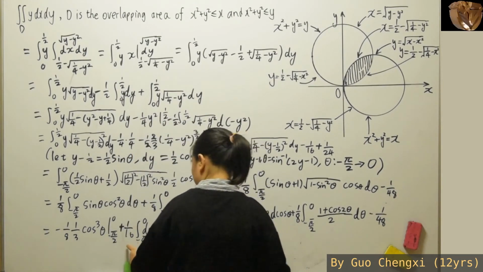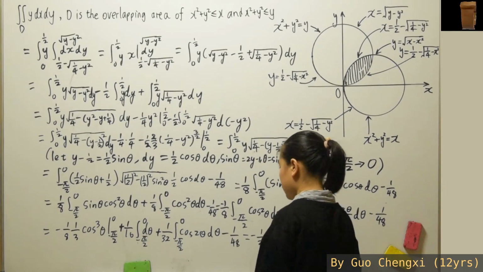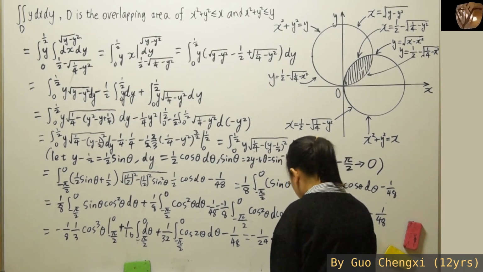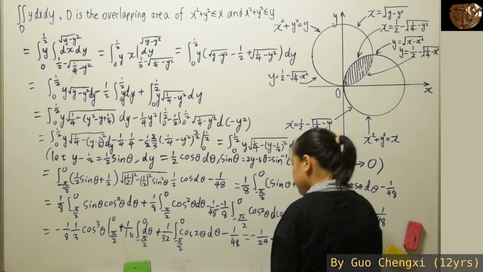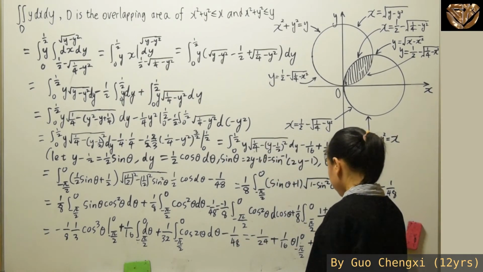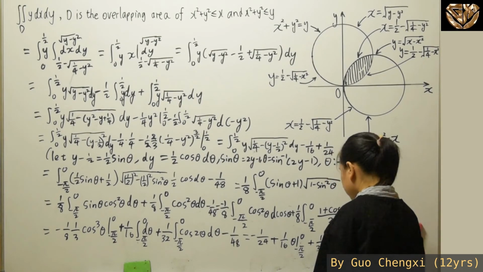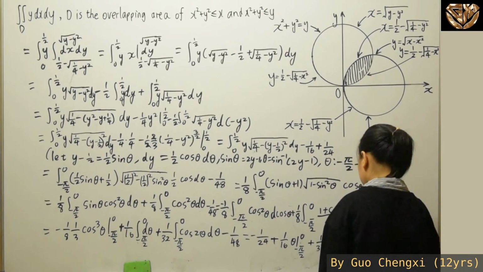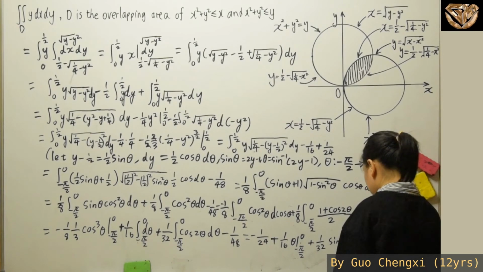Well, for this part, what you're going to have is 1 over 16 theta from negative pi over 2 to 0. Then after that, over here you add 1 over 32 sine 2 theta from negative pi over 2 to 0. And then after that you minus 1 over 48.